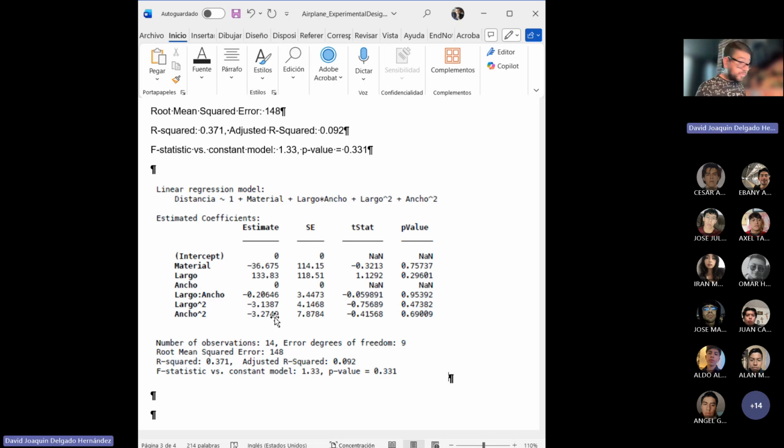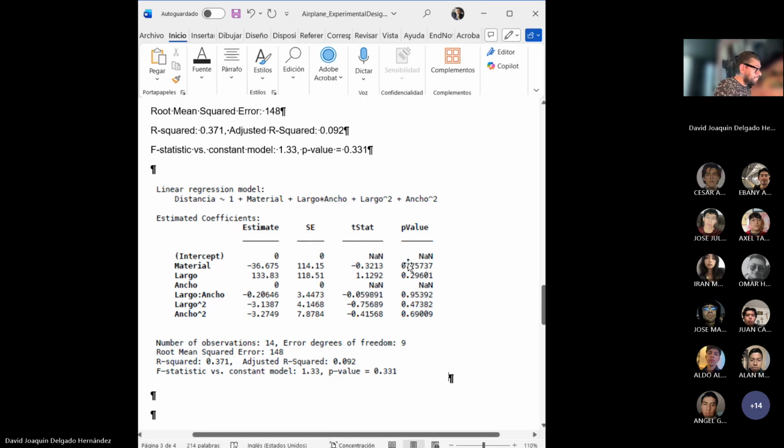Okay, so what I am asking you is, please carry out exactly the same exercise as I did in the Excel file, but now with this new model. So you have, in this case, the intercept is 0, the material coefficient is -36, the length coefficient is 133, and so on. And the data for the airplanes I have put as well in the WhatsApp group.